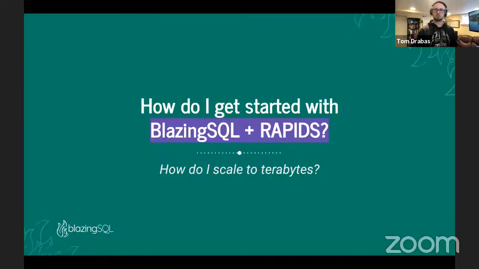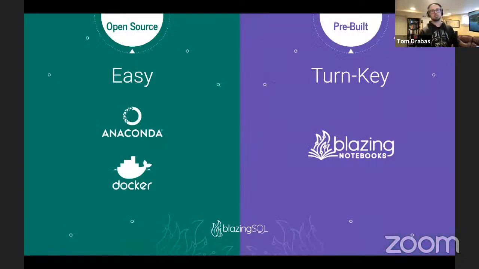So how do you get started with BlazingSQL and RAPIDS? The easiest way, and probably the most common way, is to use the open source offering. You can install RAPIDS and BlazingSQL via Anaconda, or you can download the Docker image and start running RAPIDS containerized via Docker.